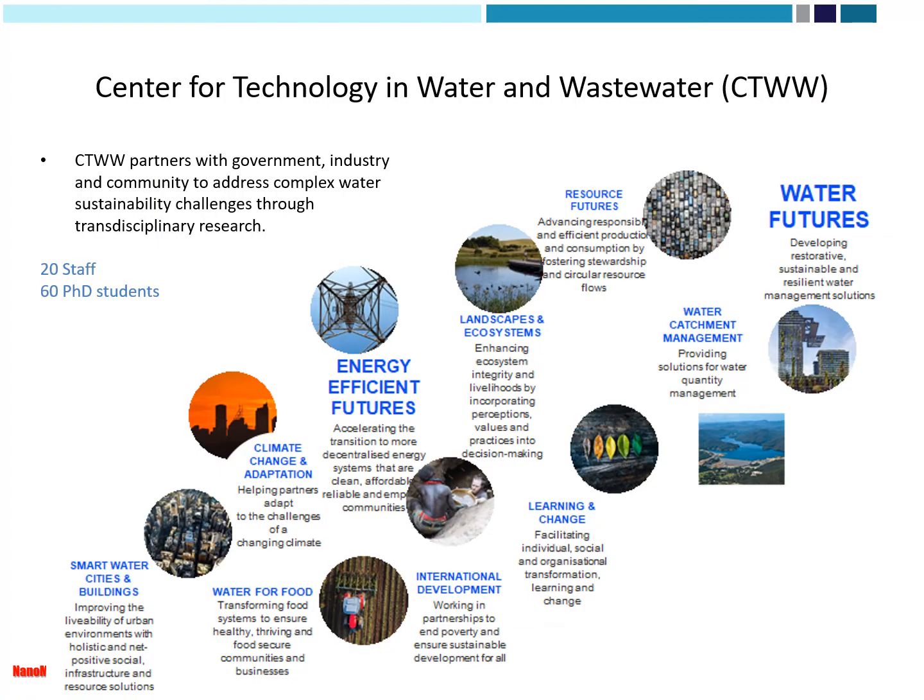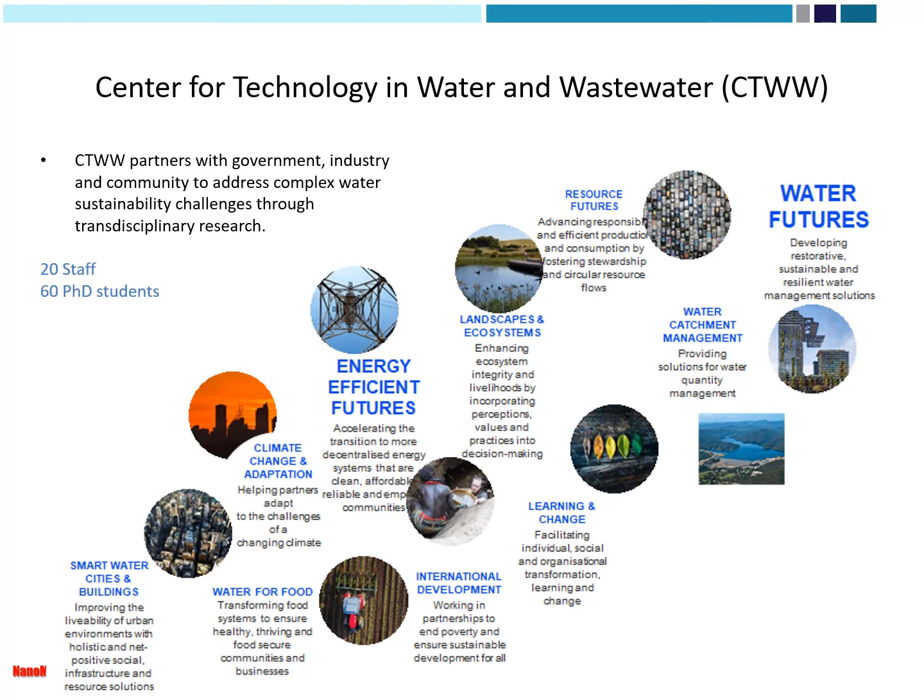Our center is collaborating with the government, industry, and community to address the complex water sustainability challenges through transdisciplinary research. So we consist of 20 staff, 60 PhD students. So as you can see, we have many different types of research opportunity.